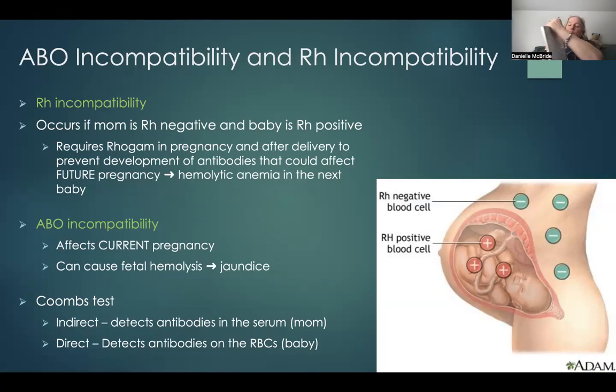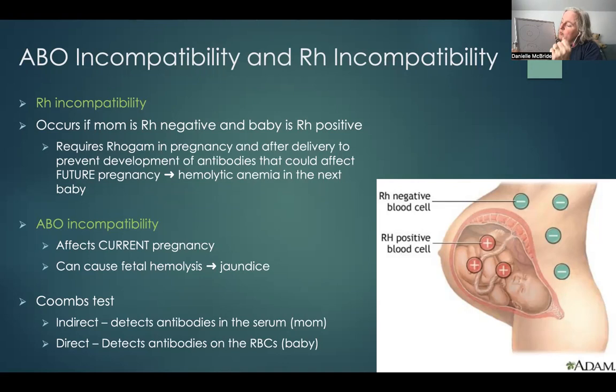So the way that I try to think about this is if mom's Rh is negative, she is a plain glazed donut. There's no sprinkles on her. It's negative. If baby's is positive, she's got sprinkles. And they're in the same box together. The mom's body doesn't want the sprinkles.